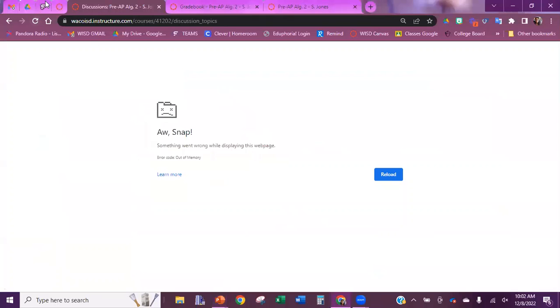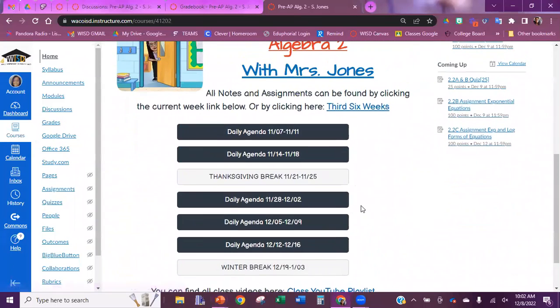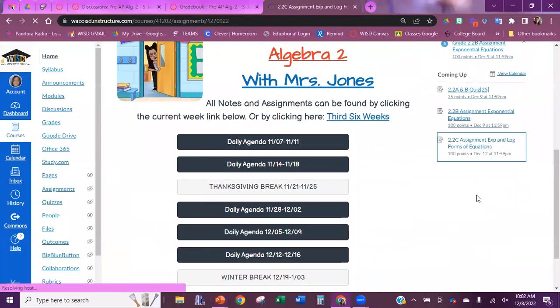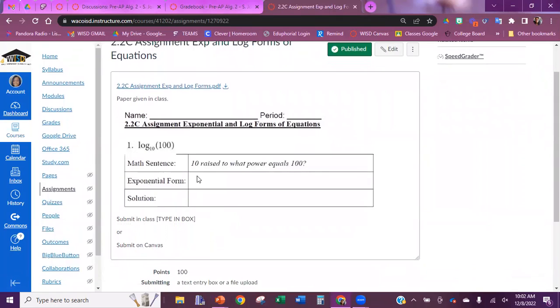so if you go to your assignment, I'm going to open it here, though. Where is it? 2.2c. On your assignment, I put an example here. So it says log base 10, 100. What is this asking? So you're writing out what is the sentence?